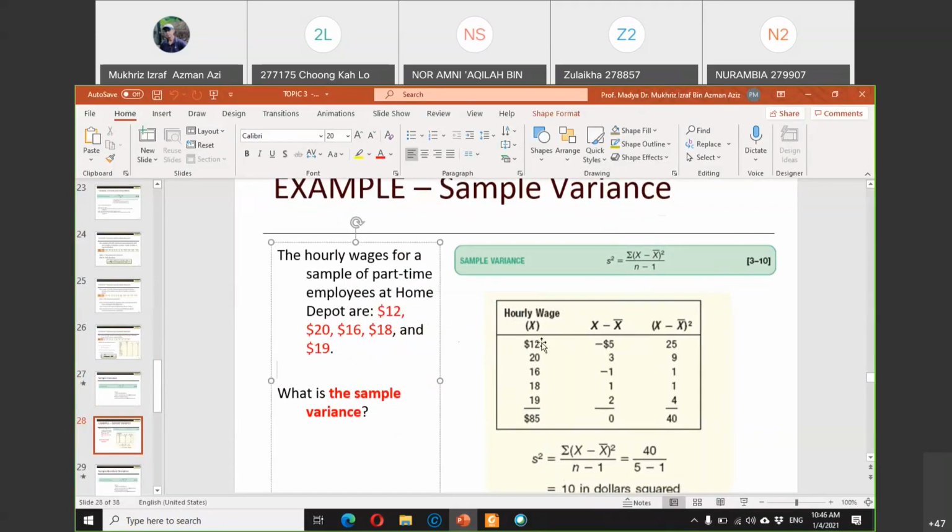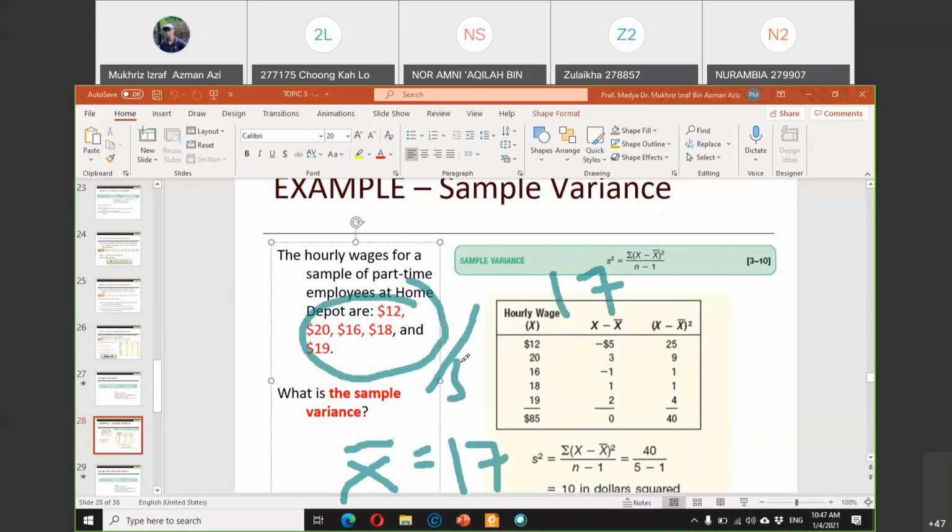If you look here, 12 minus the mean gives negative 5. So what will the mean value be? 17, right? So 12 minus 17 gives negative 5, and 20 minus 17 gives 3. So your x bar, or the mean value here, will be 17, which is you add everything and divide by 5.